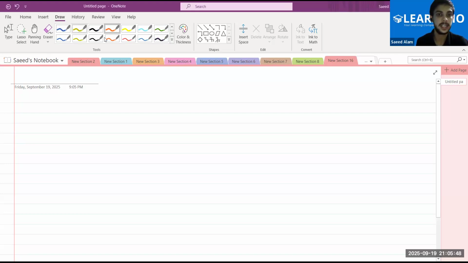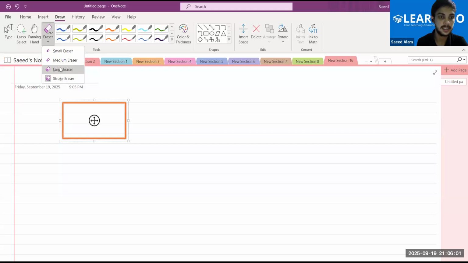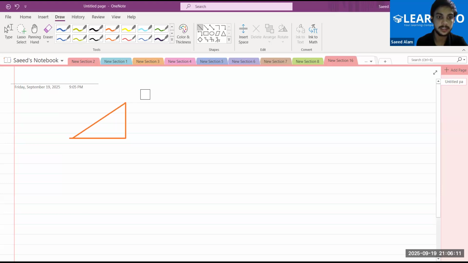Like we had discussed in the last class, let us assume, okay, let me draw it. Let us say we have a triangle somewhat like this.